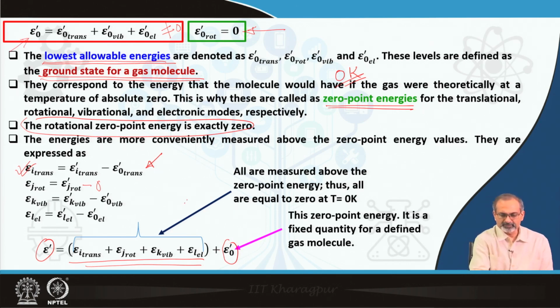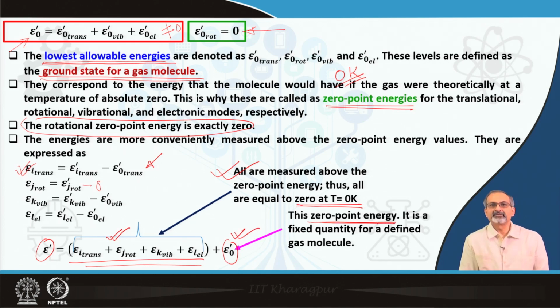Now, this portion is all measured above the 0 point energy, thus all are equal to 0 at T equal to 0 Kelvin. So, if you were to evaluate this portion, this is precisely 0 when you are setting the temperature to 0 Kelvin. Now, this portion is the 0 point energy and it is a fixed quantity for a defined gas molecule.